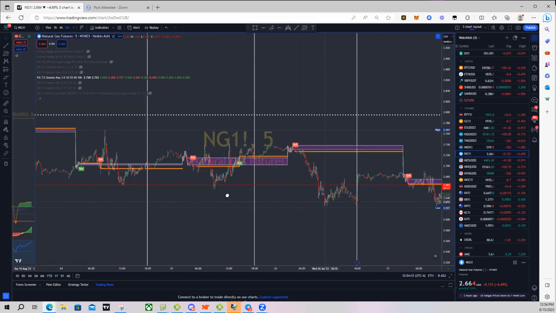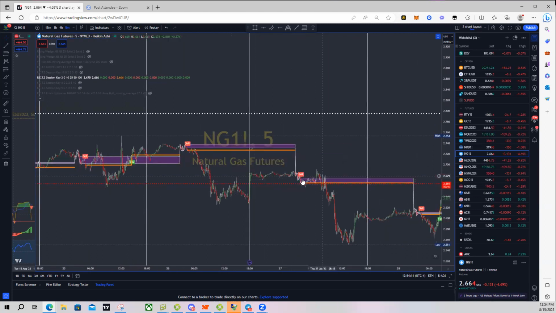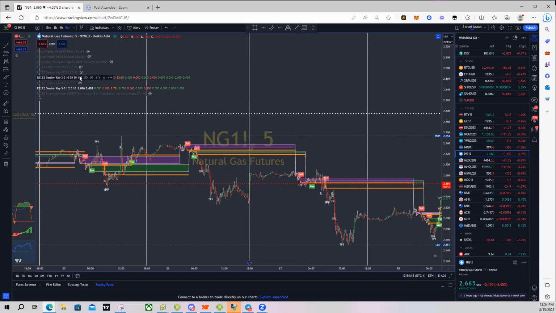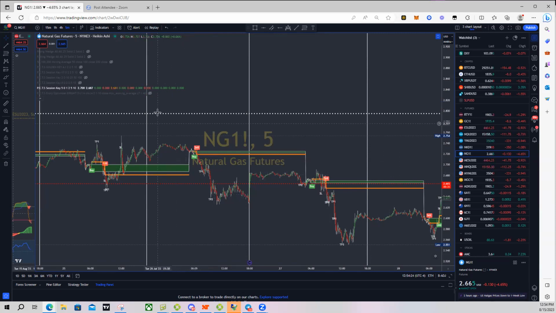This one started in London, but if you had to turn it back on at 5, you would catch the move. So it all depends on when you actually are awake, what time you desire to trade. You find the natural zone for that time frame, and you ride that bad boy until the entry optimizer tells you to get out of the trade.